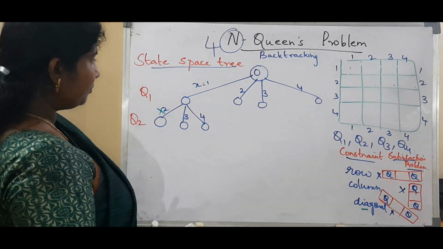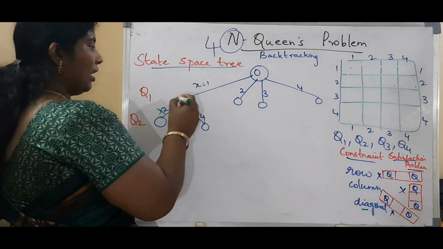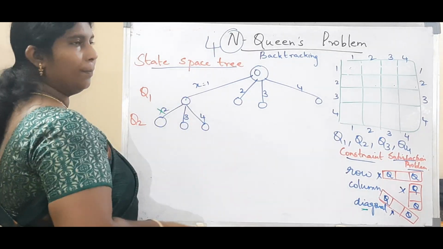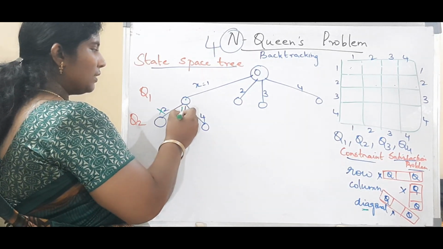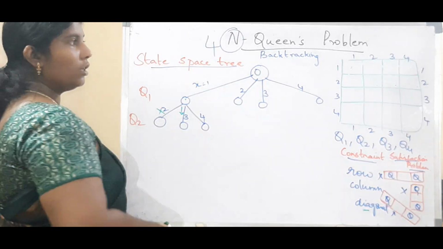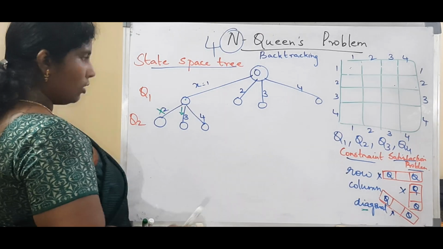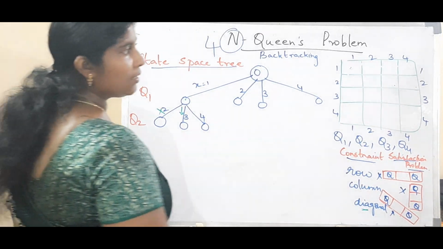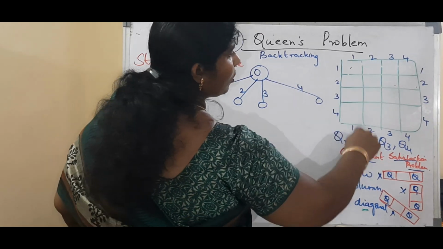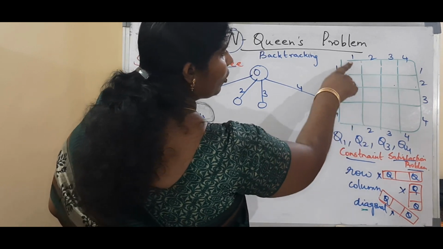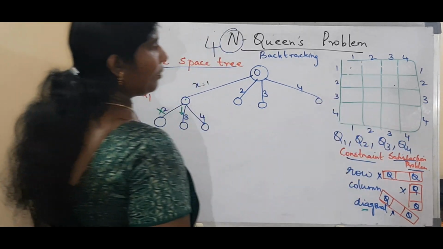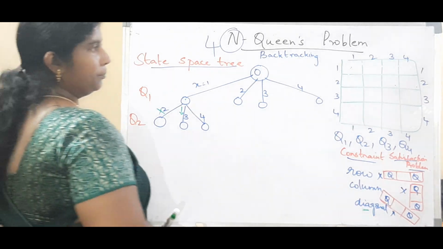Not considering that, I get back to this node and look into a solution based on the 3rd position. If I place my queen here, no queen is present in the same column or row, or diagonally. So I can continue.